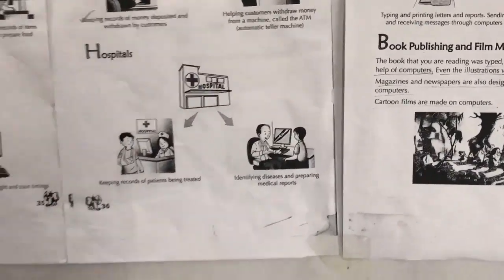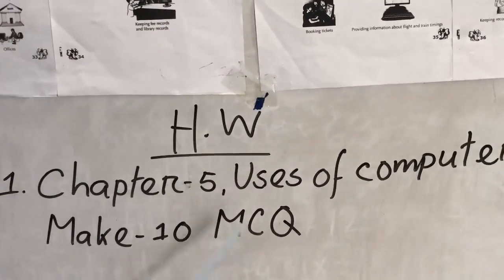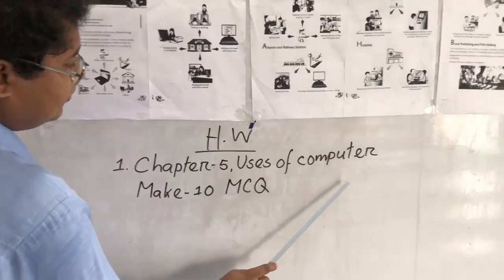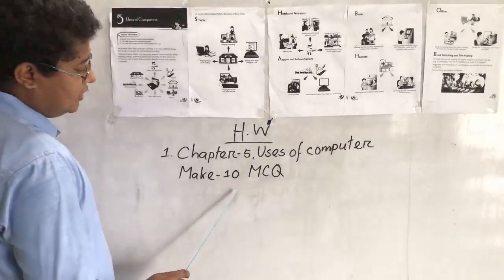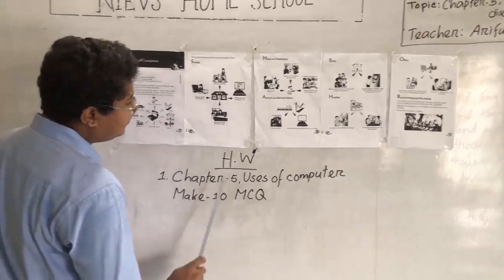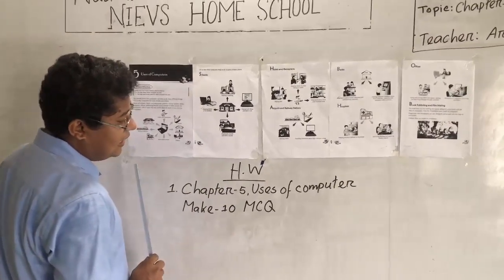Come to the point. Your SW. Chapter 5, uses of computer. The chapter we have finished reading today. Make 10 MCQ from this chapter 5.